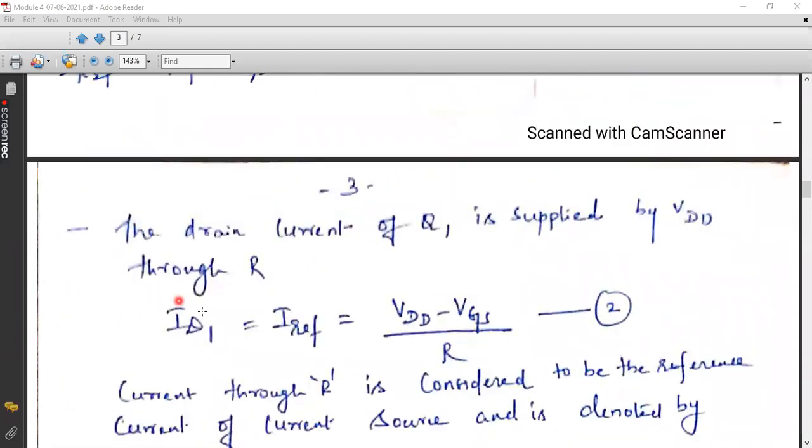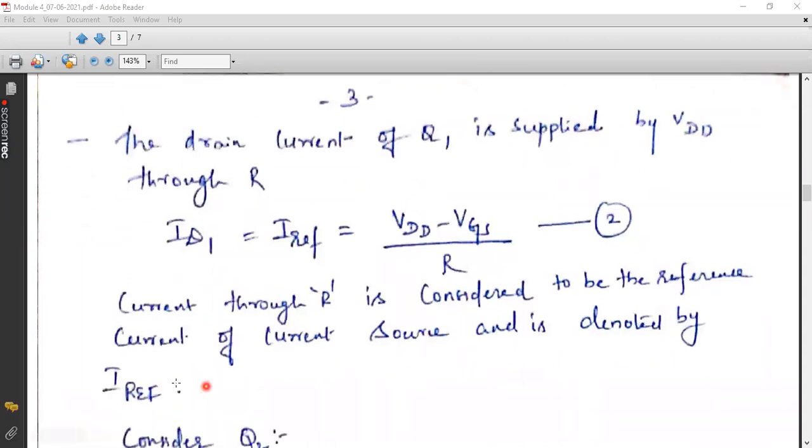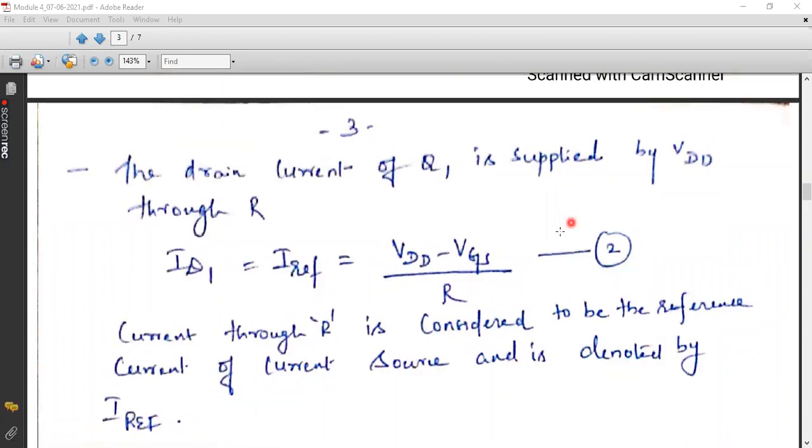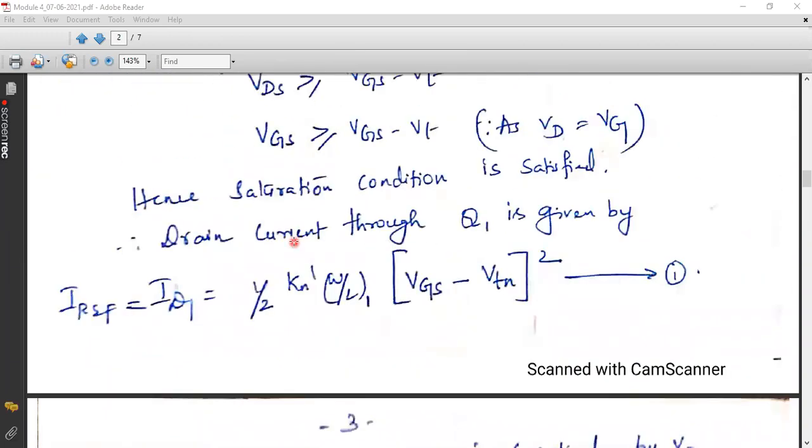So while writing the second equation, you apply Ohm's law. ID1 is equal to I reference, which is equal to VDD minus VGS by R, where I reference is the current flowing through R, the reference current, denoted by IREF. So these are the two equations for ID1 based upon the Q1 transistor.